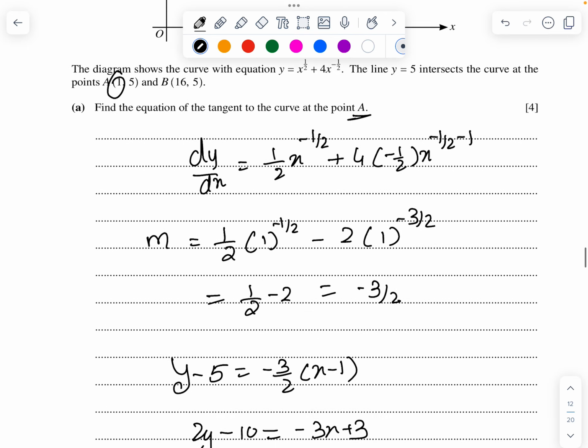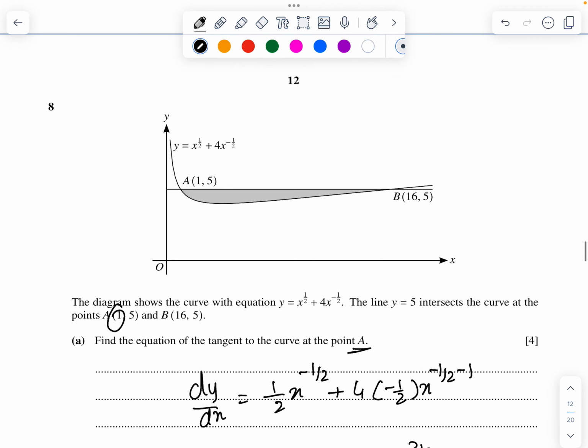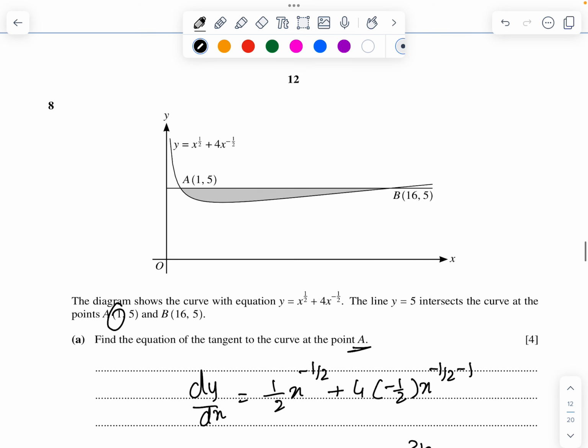Find the area of the shaded region. Whenever the area of the shaded region is being asked, it is area of the straight line minus area of the curve. Or else what we can do is take this entire rectangle. So what was that rectangle? It is 15 and 5.